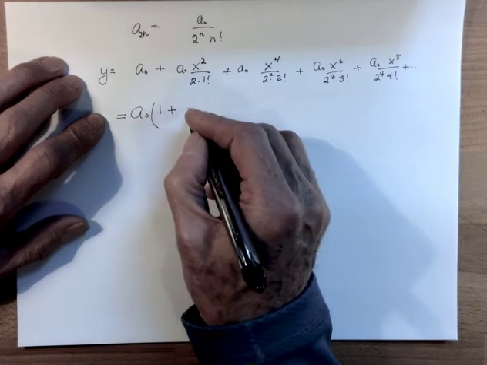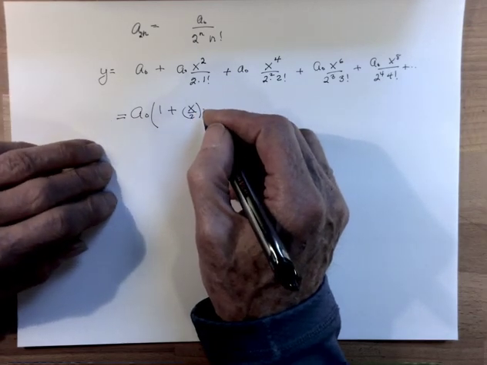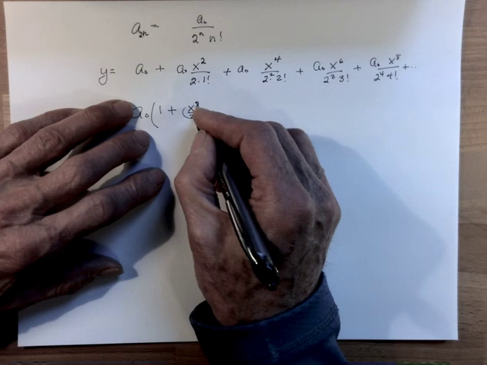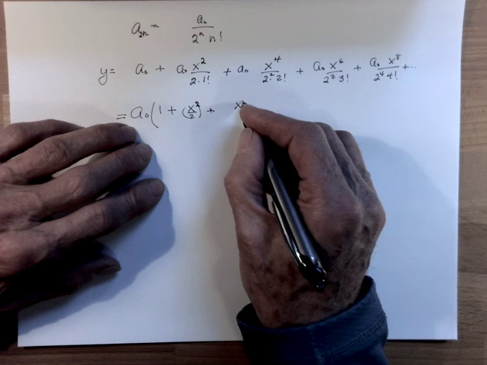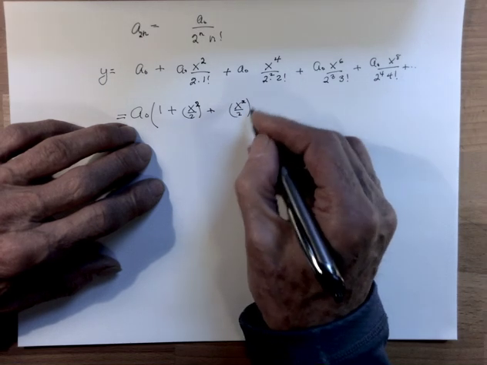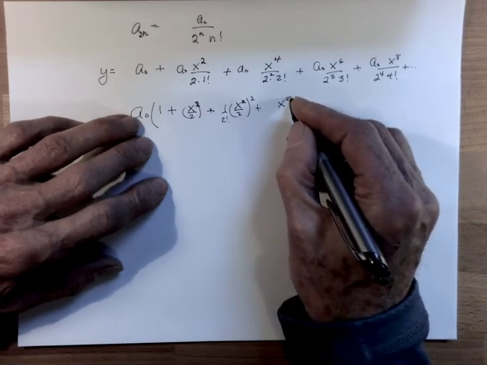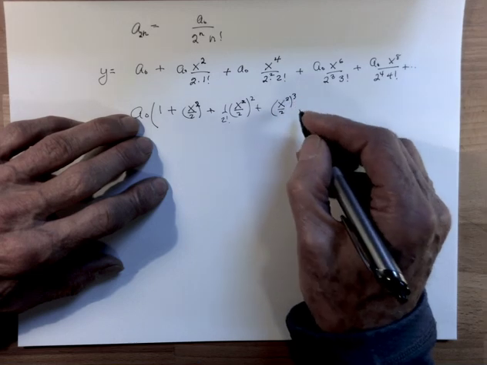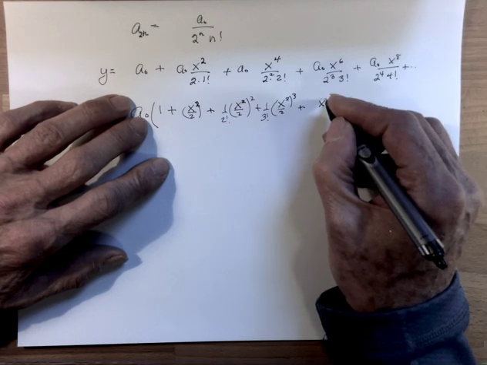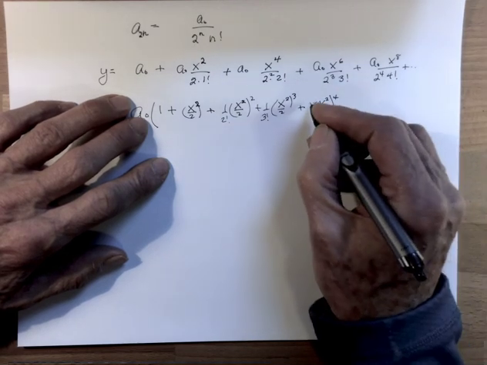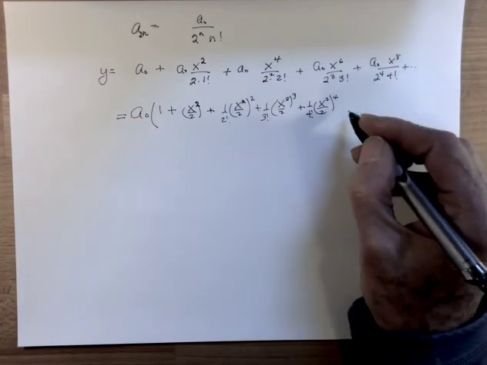I'm going to have 1 plus x squared over 2, plus x squared over 2 squared over 2 factorial, plus x squared over 2 cubed over 3 factorial, plus x squared over 2 to the 4th divided by 4 factorial, where I've taken those 2's and absorbed them into this x squared over 2.